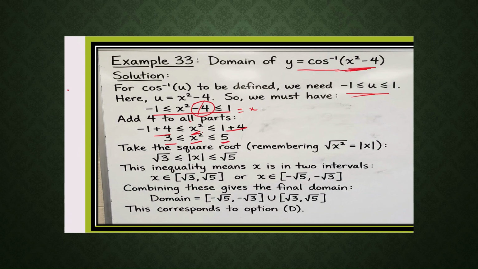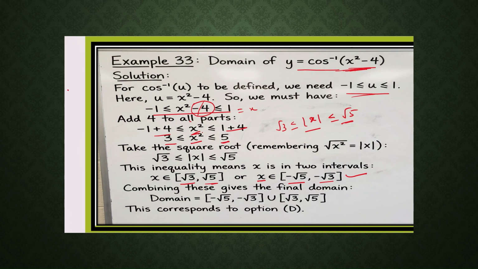If x square lies between 3 and 5, then mod x lies between root 3 and root 5. If mod x lies between root 3 and root 5, then x lies in the closed interval root 3 to root 5, or x lies in the closed interval minus root 5 to minus root 3.